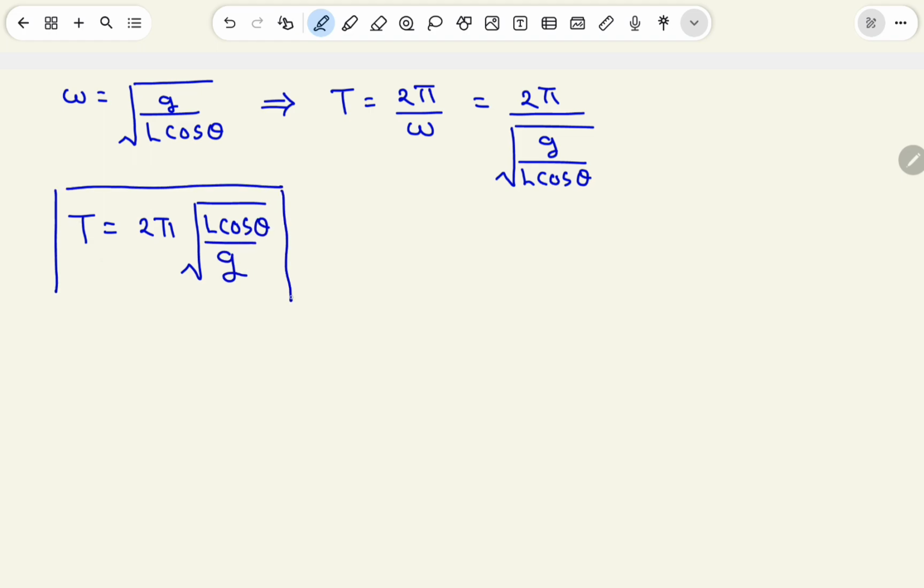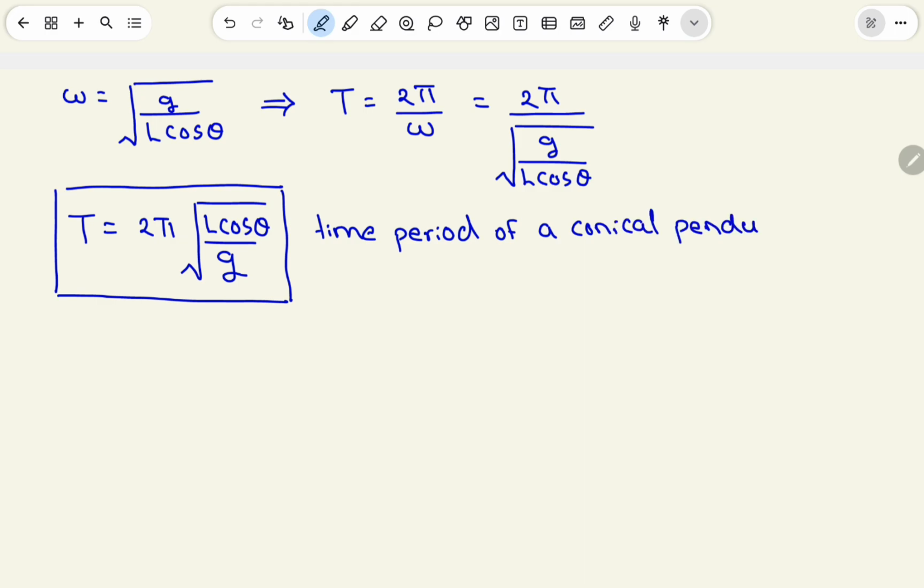So this is the formula for the time period of a conical pendulum. In this formula, T is nothing but the time period, and L is nothing but the length of the string.